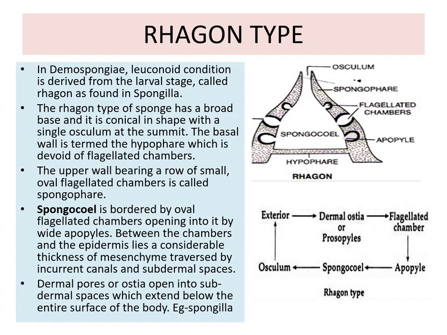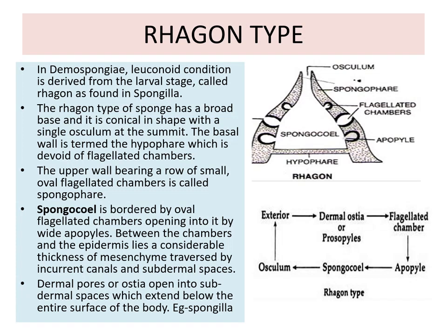Between the chambers and the epidermis lies a considerable thickness of mesenchyme traversed by the incurrent canals and the subdermal spaces. So dermal pores or ostia open into the subdermal spaces, which extend below the entire surface of the body. So the Rhagon type is present in the larvae of Spongilla.